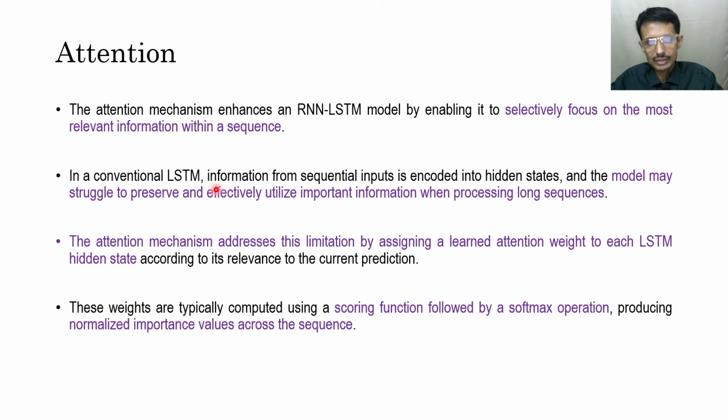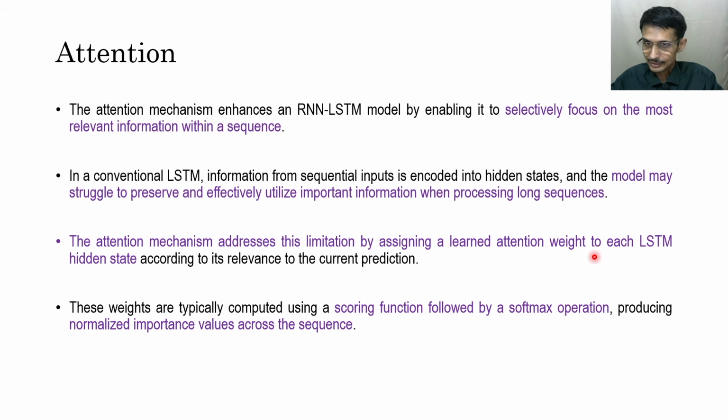In a conventional LSTM, as in the context-based model, information from sequential inputs is encoded into the hidden state, and the model may struggle to preserve and effectively utilize the important information when processing long sequences, as we have understood for the context-based RNN LSTM sequence-to-sequence model. But the attention mechanism addresses this limitation by assigning a learned attention weight to each LSTM hidden state.